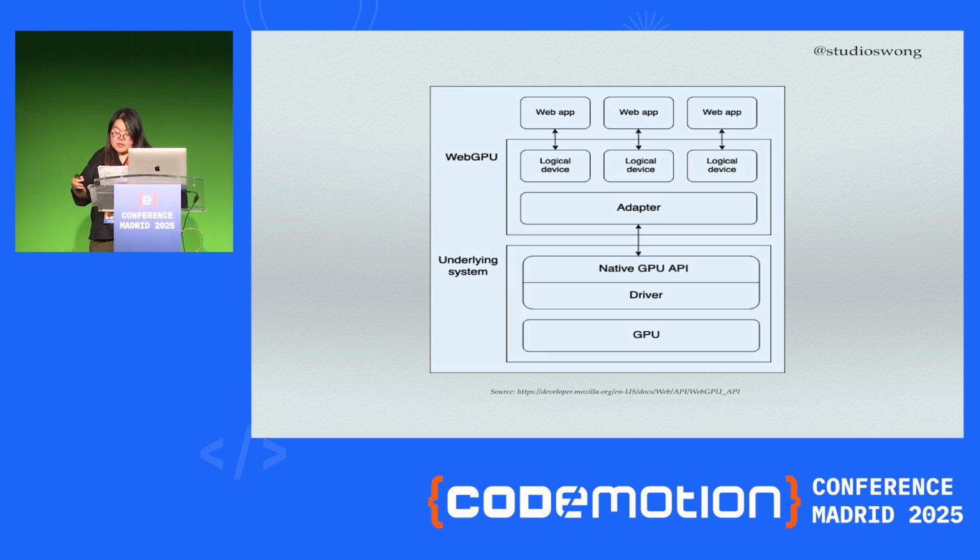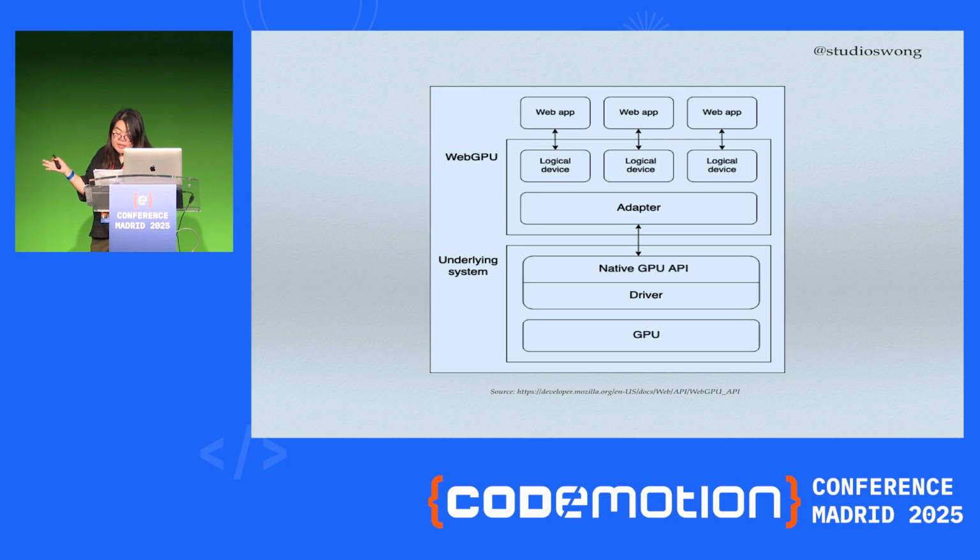And again, it enables high-performance graphics and compute tasks to be handled very efficiently by your native apps. So in web browsers, if you want to utilize the GPU, that's when you utilize WebGPU, which is the interface to communicate with the GPU through the system's native API and the driver. That is the interface layer WebGPU provides.